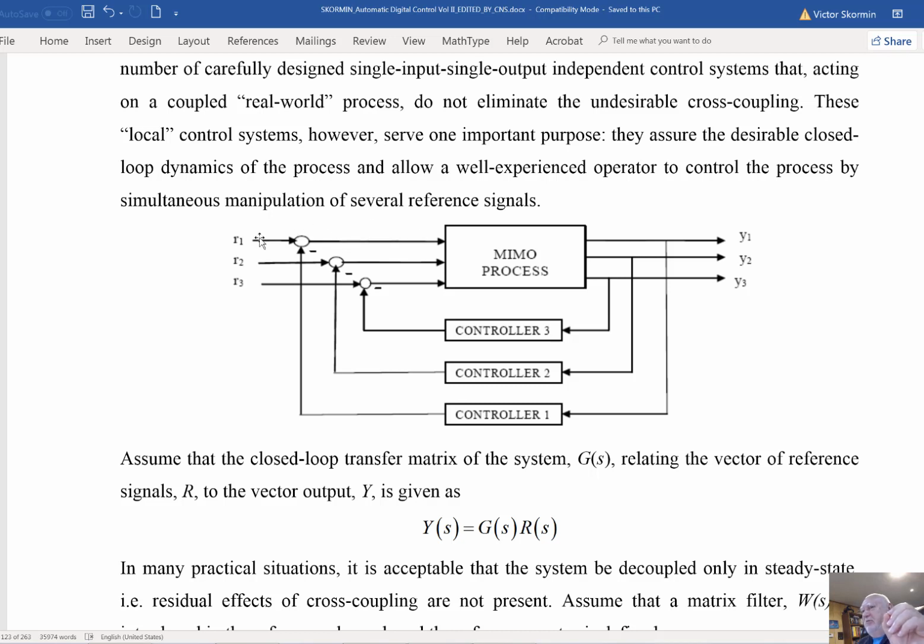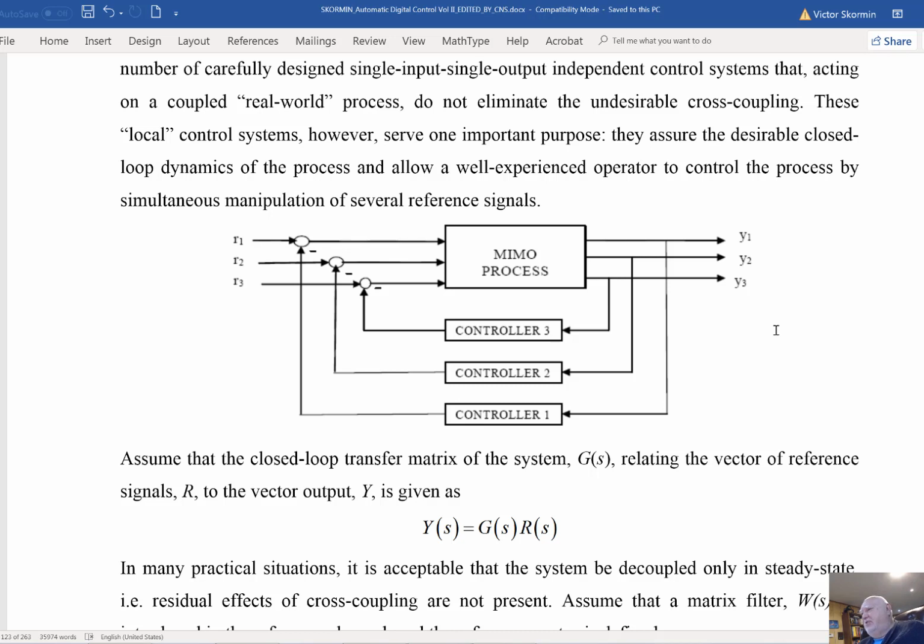So you probably would have to come up with a change in fuel flow and a change in the airflow and in the position of some valves, so that the predominant change will be in temperature and changes in these two outputs would be minimal. Lots of experience is required for this.